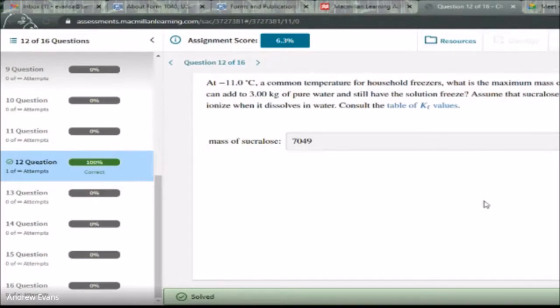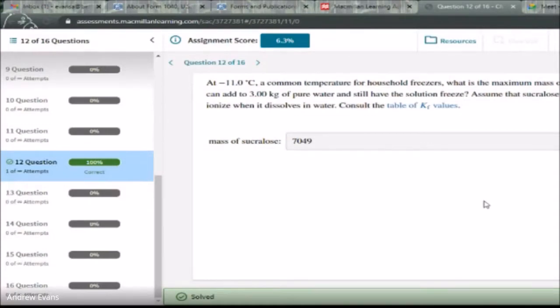And we want to know how much sucralose we need to melt 3 kilograms of ice at negative 11 degrees. I already know the Kf. So we're working with delta T equals negative i Kf m.